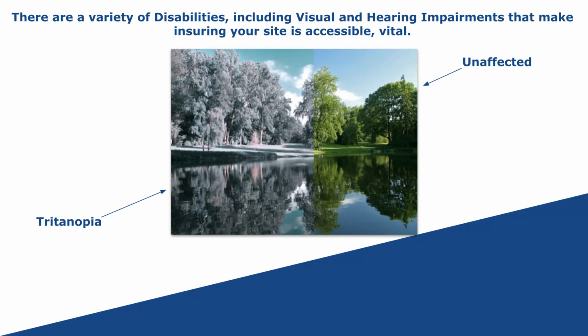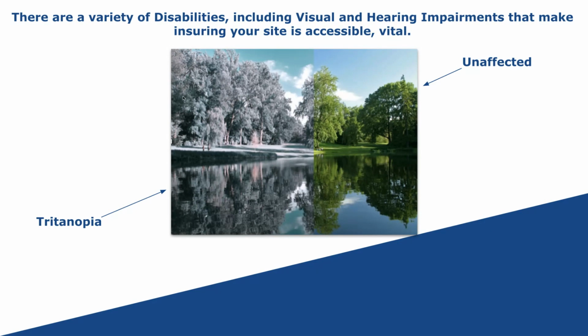What we see is what someone who has tritanopia, which is a form of color blindness, would see versus someone who is unaffected by tritanopia. So we see this image here and how much having tritanopia can affect that.